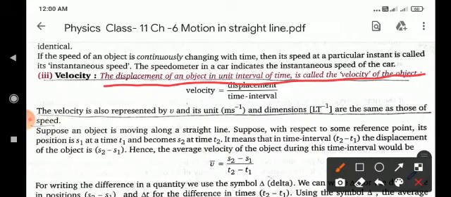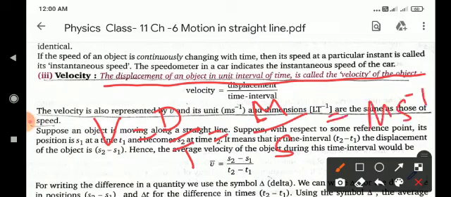So velocity equals displacement upon time interval. The unit of displacement is also meter and the unit of time is second, so ms minus 1.